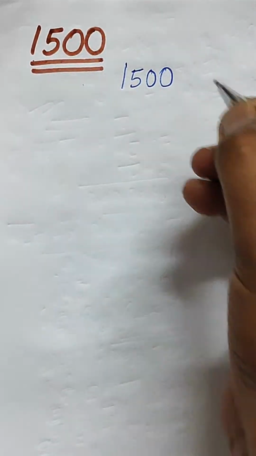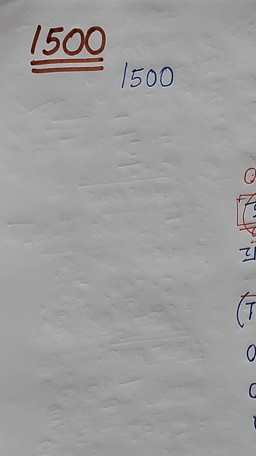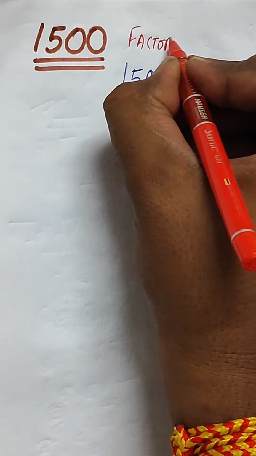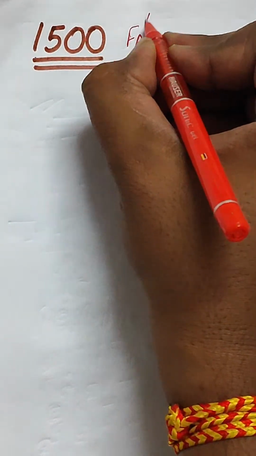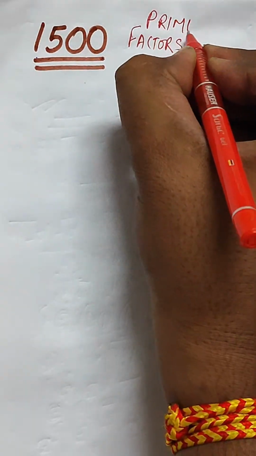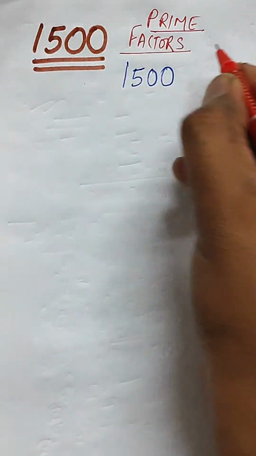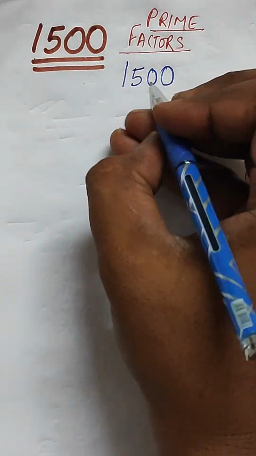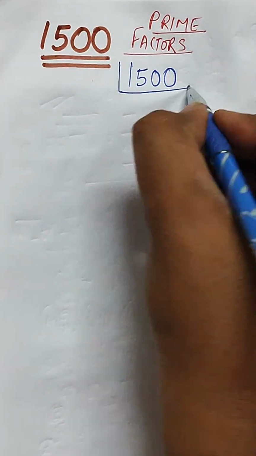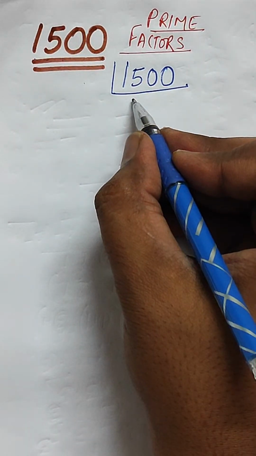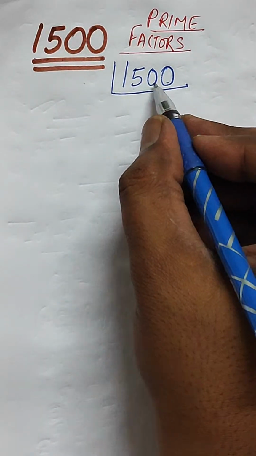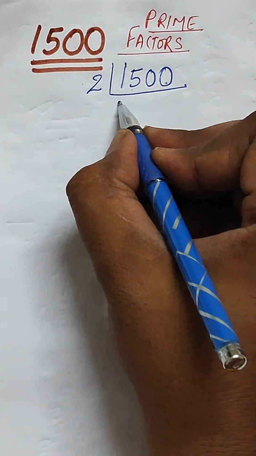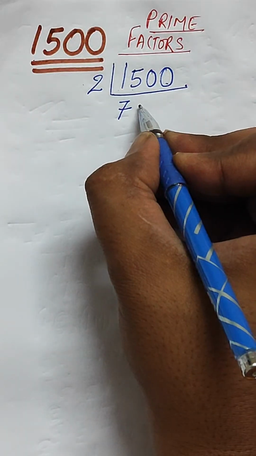What are the factors? Those factors should be the prime factors. How to find the prime factors, you know it. Just take this number and see by which number it is divisible. The first prime factor is 2: 2 7s are 14, carry 10, 2 5s are 10.